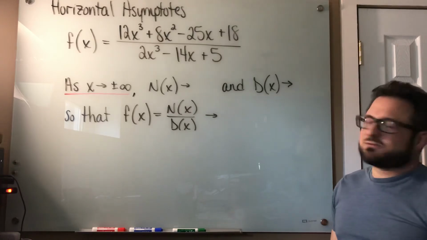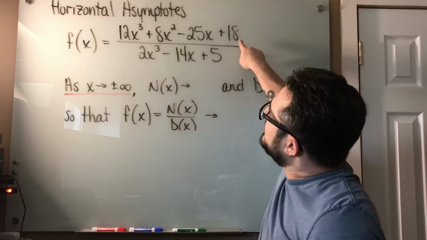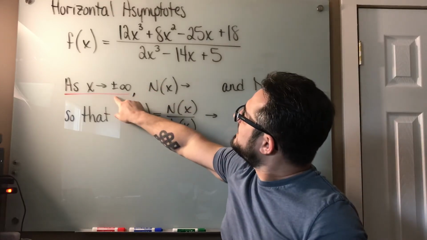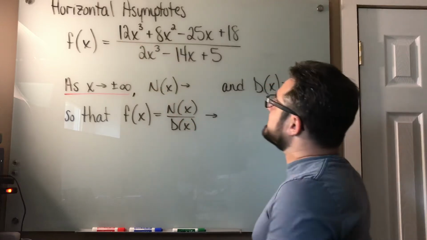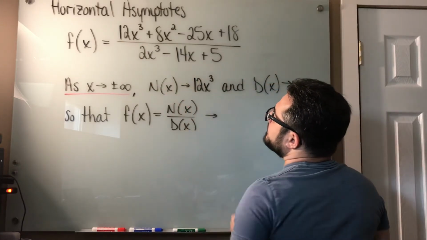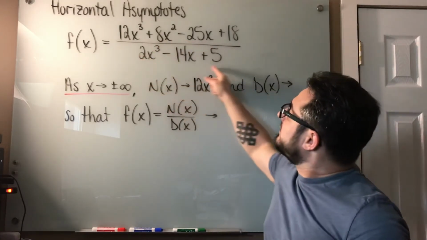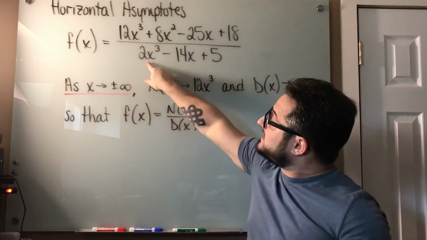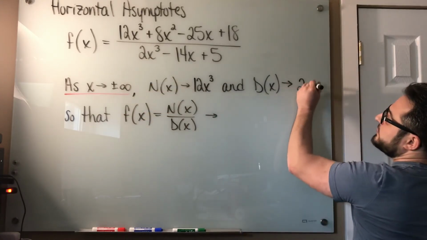You know, for all that writing though, again, the top is just a polynomial. So the bigger x gets, the numerator is going to do what 12x cubed does. And the denominator is a polynomial. So the bigger x gets, the denominator will do what its lead term does, 2x cubed.